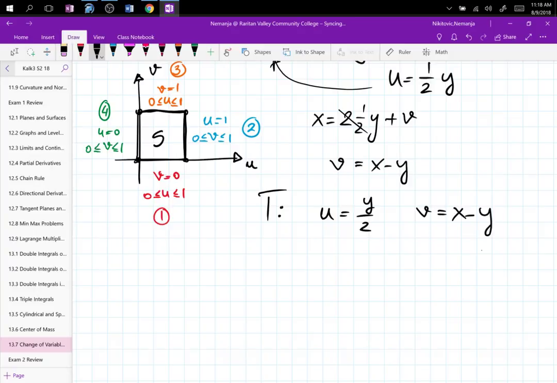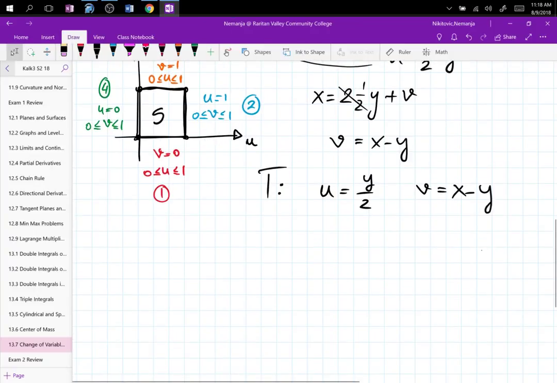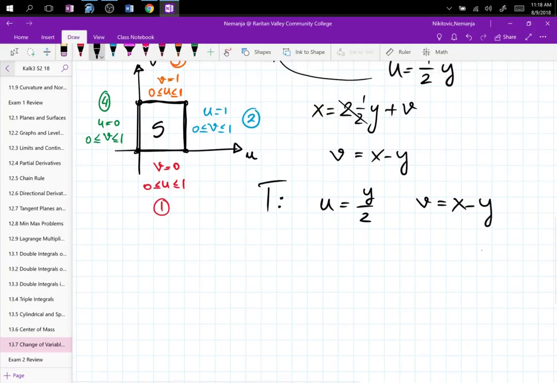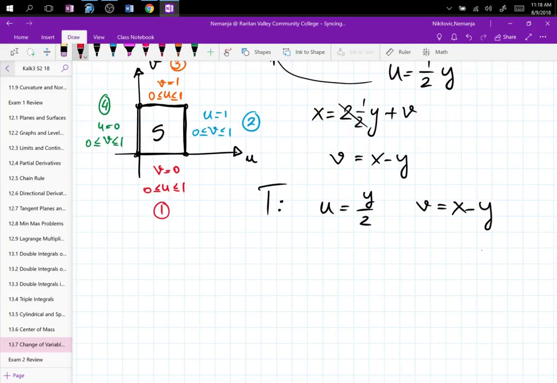Okay, so now we are facing the standard situation. We have an equation. Let's go number 1, red. I have v equals 0 and u is between 0 and 1. Well, v is given as x minus y equals 0, from where I have y equals x.